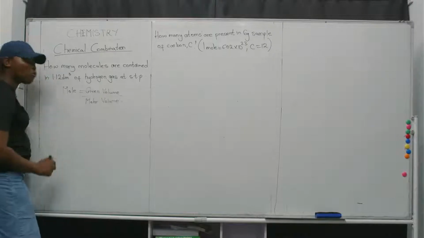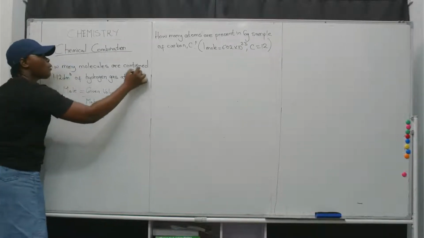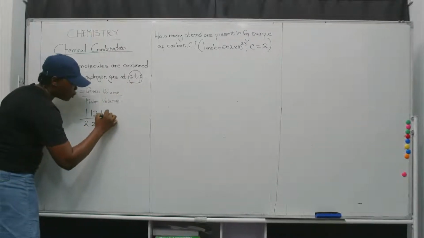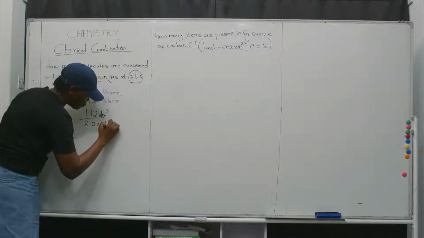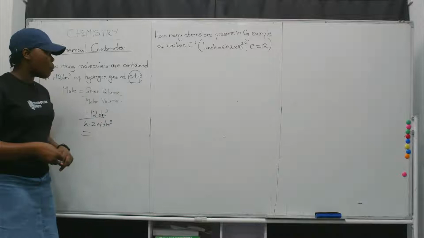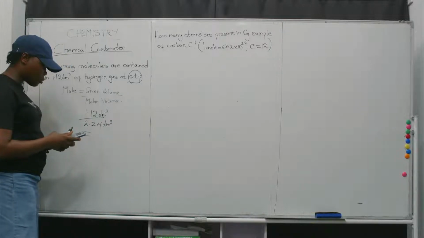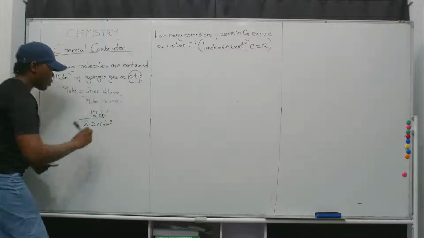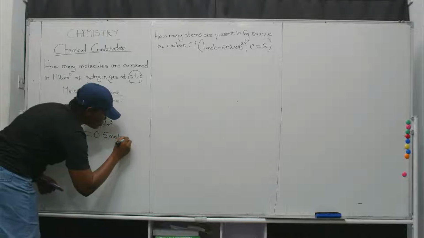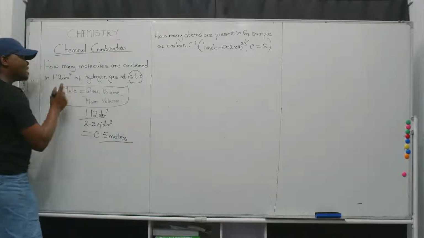We are given a volume of 1.12, so 1.12 over the molar volume, which we already know at STP to be 22.4. This is dm³, and this is also dm³. The answer we get here should be 0.05, but let's punch our calculator to confirm that. 1.12 divided by 22.4, that's 0.05. So 0.05 moles. Simple. We just used only this formula.